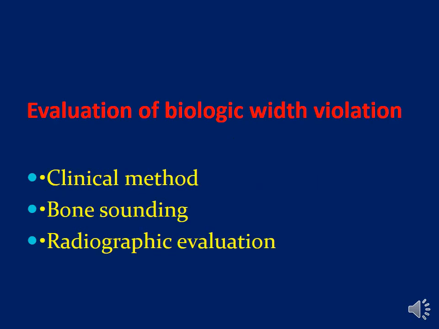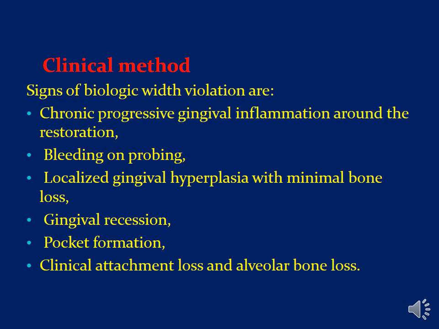How can you evaluate the biological width? There is a clinical method which is bone sounding and the radiographical evaluation. There are signs of biological width violation, meaning when the patient comes we can know there is a violation of the biological width.